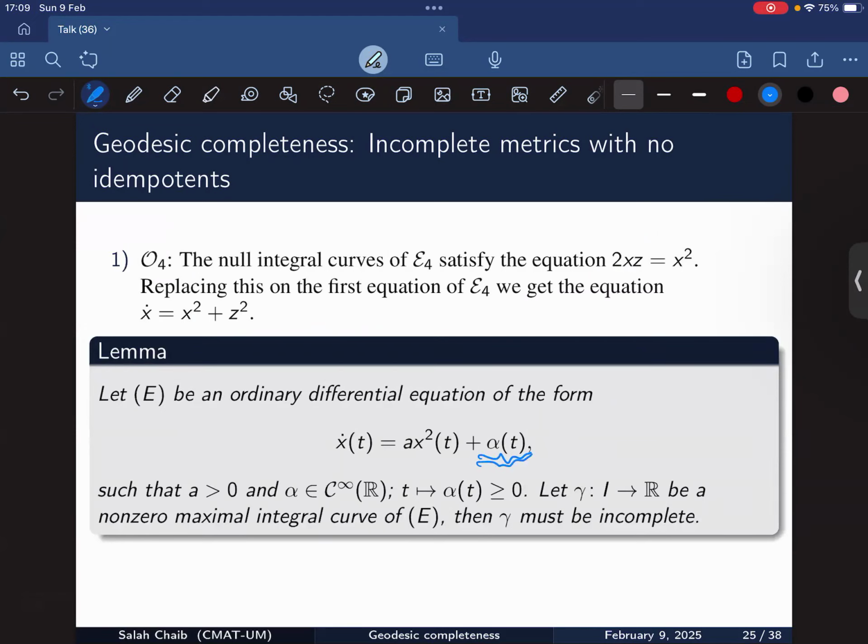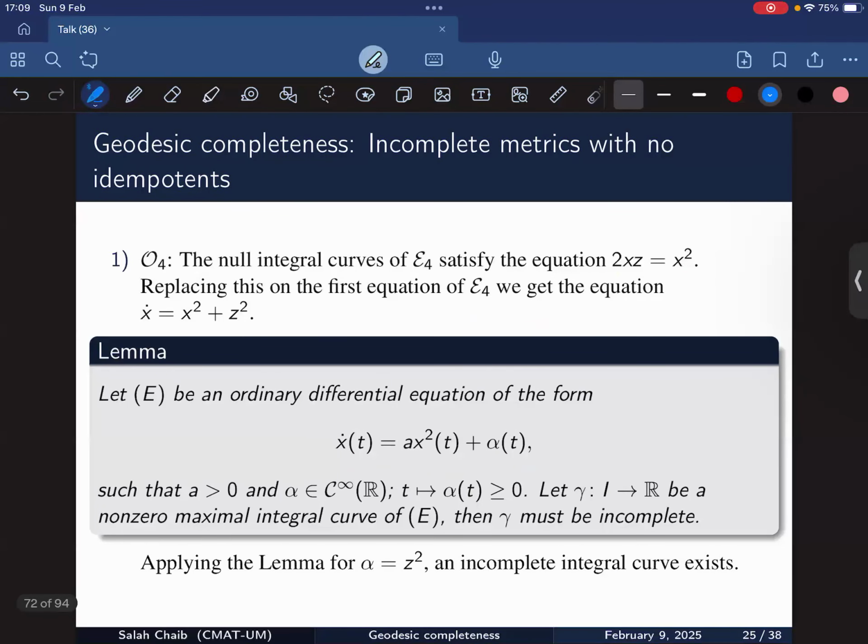What we show is that this is also incomplete, and it's even worse than the equation x dot equals ax squared. Okay, if we add some positive term, so it goes faster to infinity. Okay, I will show this.